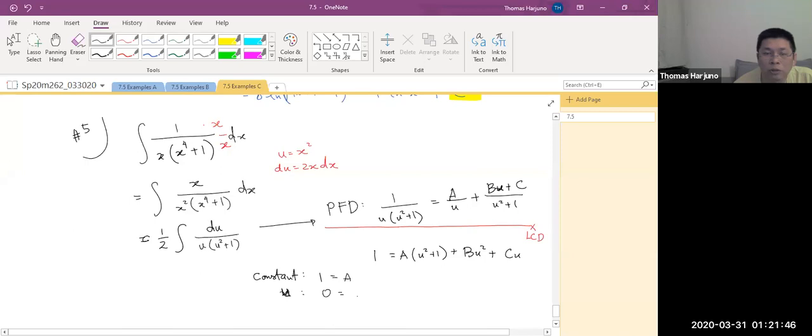that's equals to c. While if we look at the u squared term, on the left hand side is 0, on the right hand side is a plus b. So the b is 1.